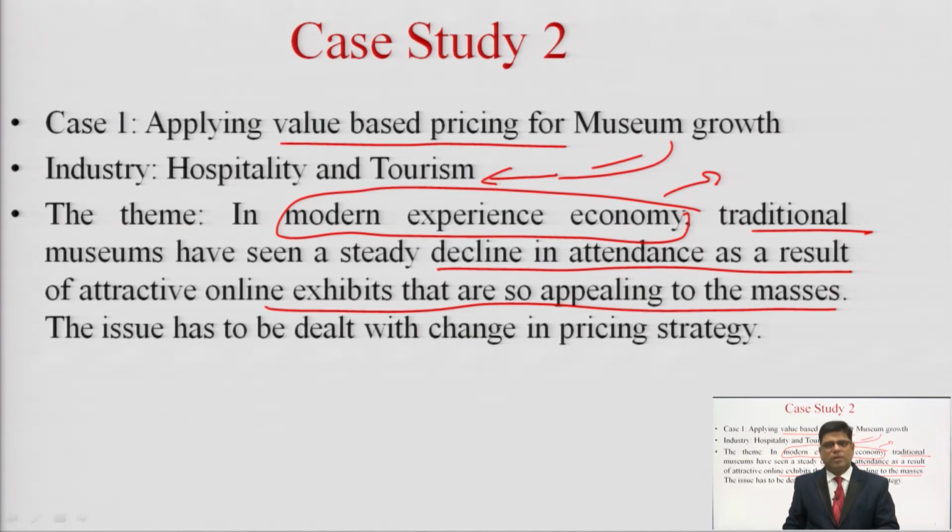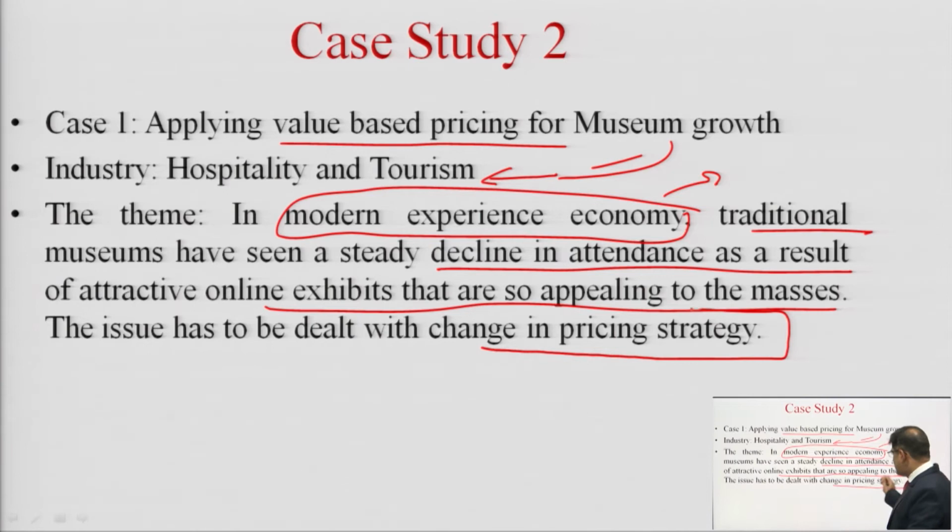We have Facebook, Instagram, Twitter, and on all these platforms attractive exhibits and videos are available, and these are so popular with the masses that after watching them, people of today do not feel a need to visit museums, and as a result the museums have been witnessing a steady decline in the attendance of visitors. So, this is what is written here, and the issue has to be dealt with a change in pricing strategy.